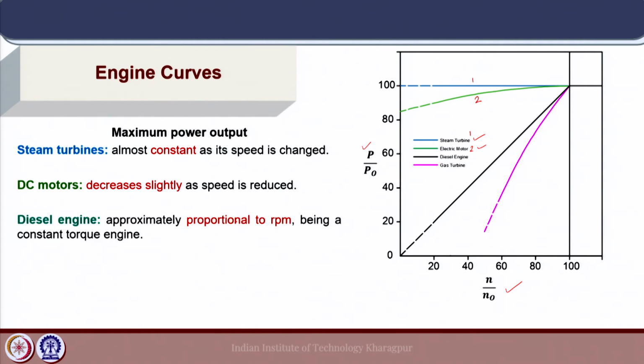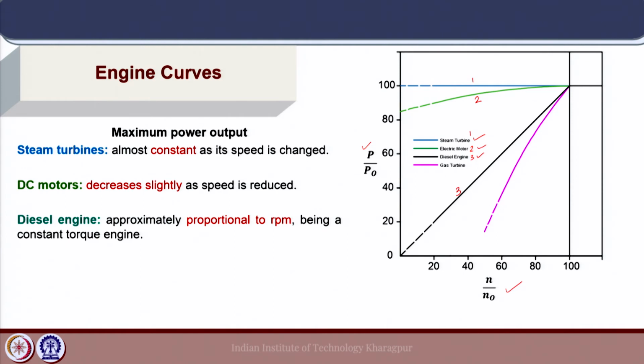Next, for the diesel engine, which is the most widely used propulsion plant for ships, the power is approximately proportional to the RPM. The third one here, diesel engine, the power is proportional to the RPM.